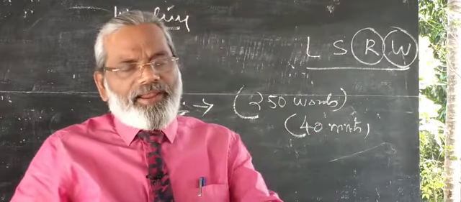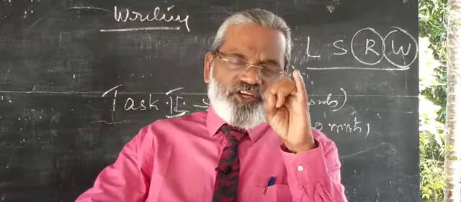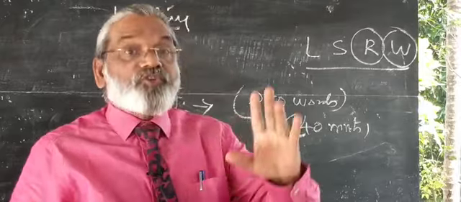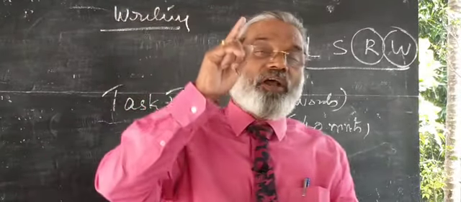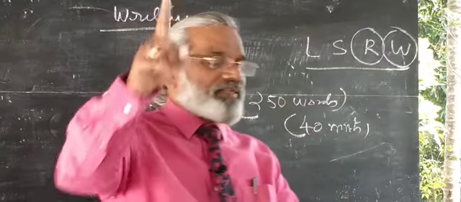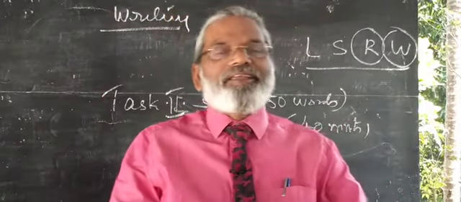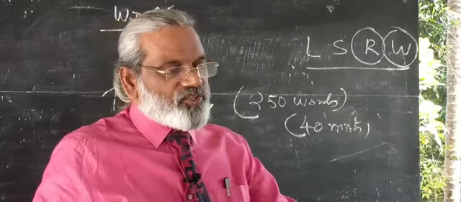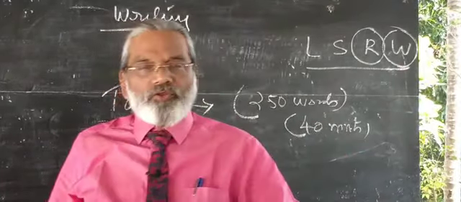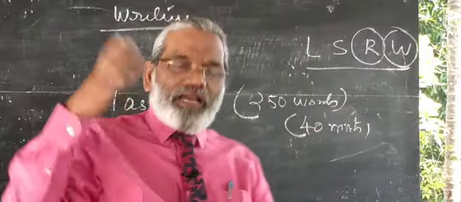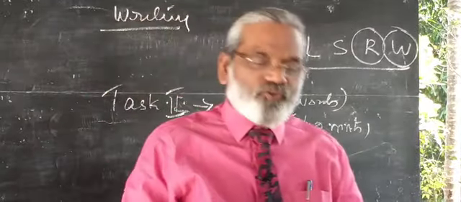First, keep in mind, in the writing section, all students are requested to write a particular word only one time. What does it mean? In the IELTS examination, there are so many parameters by which they evaluate your answer script.